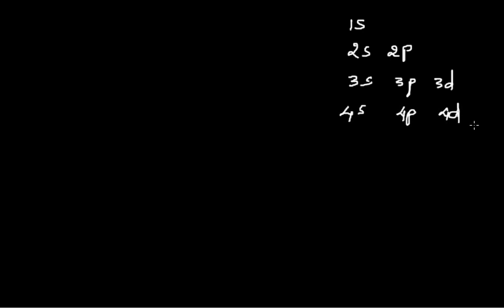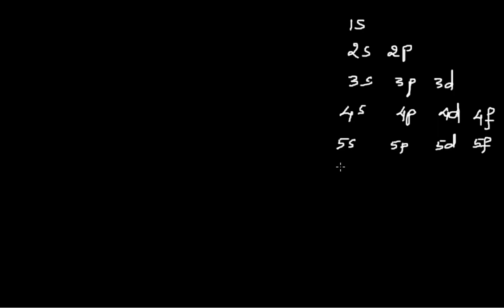We have come across this energy level filling sequence, right? 1s, 2s, 2p, 3s, 3p, and 3d, 4s, 4p, 4d, and 4f, 5s, 5p, 5d, 5f. What is after f? Is there any possibility there?